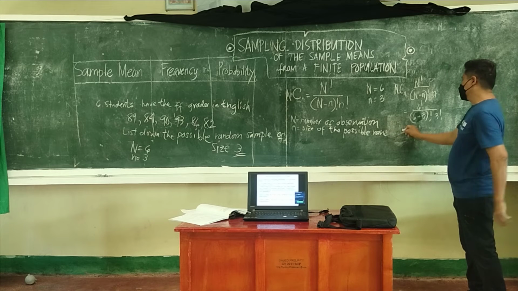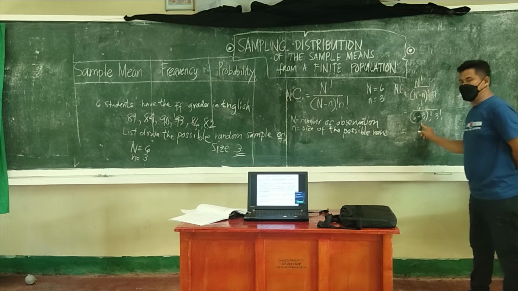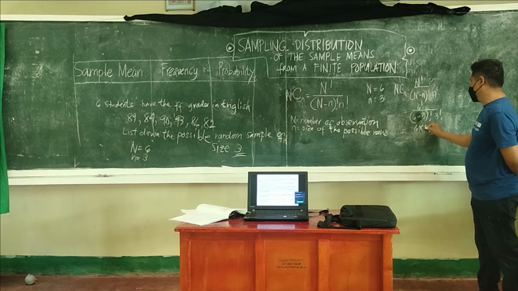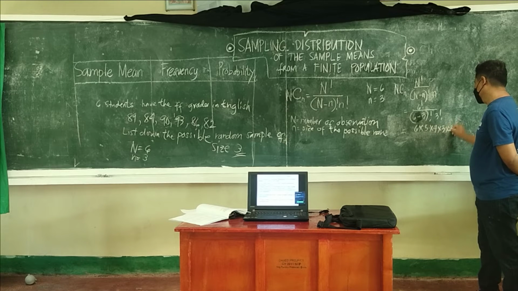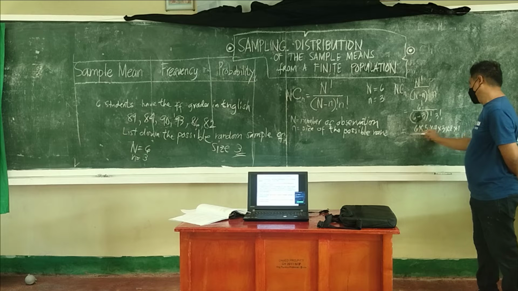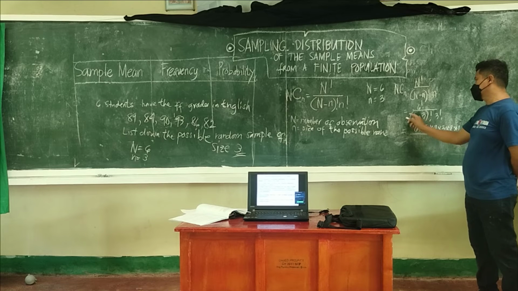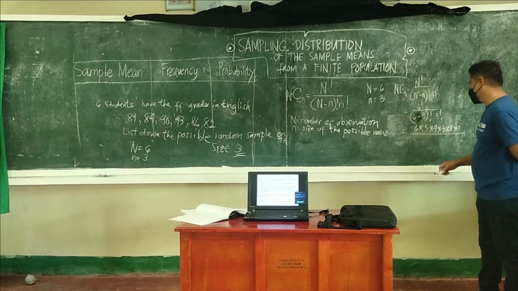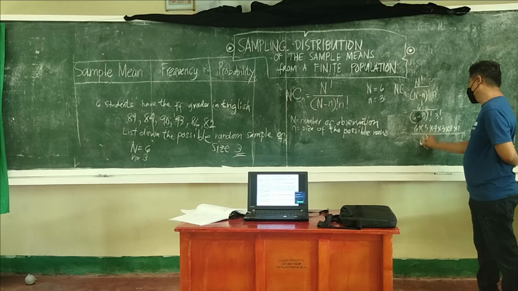We know that 6 factorial is equal to 6 times 5 times 4 times 3 times 2 times 1, over subtracting 6 minus 3, and that is 3. So we have 3 factorial times 3 factorial.